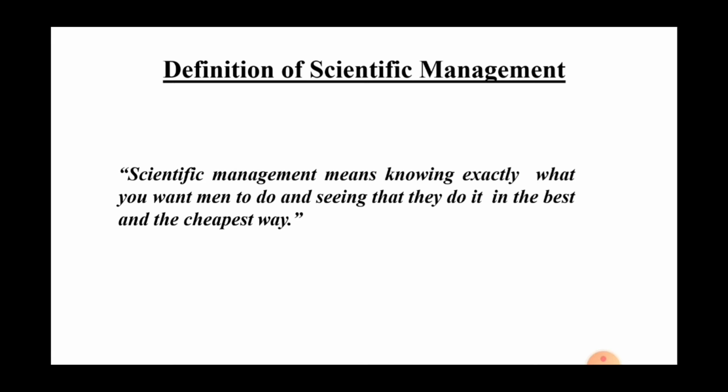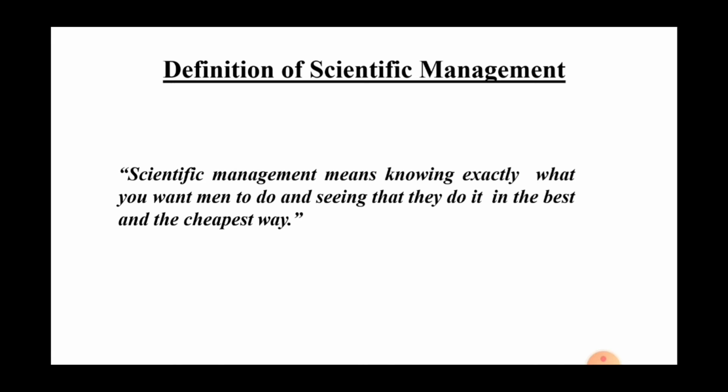Taylor introduced scientific methods in decision making and replaced the rule of thumb, trial and error methods, or common beliefs. This was the major theme of his scientific management theory. He wanted science to be the guiding force behind all the actions and decisions taken in an organization.